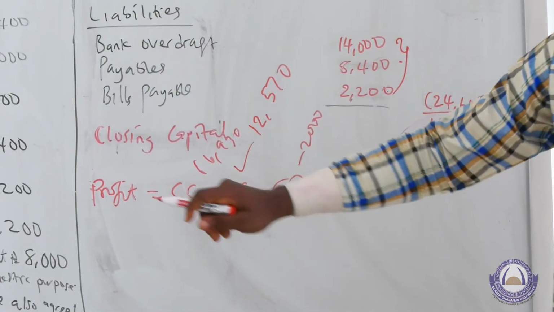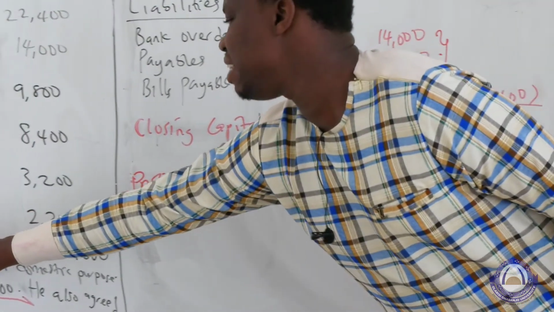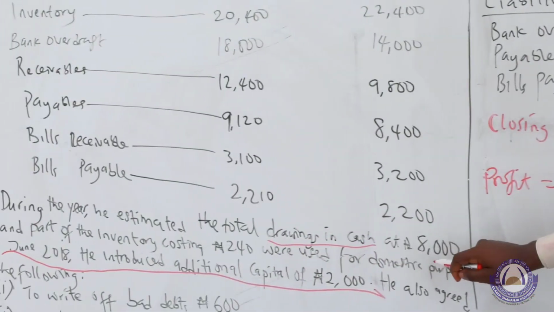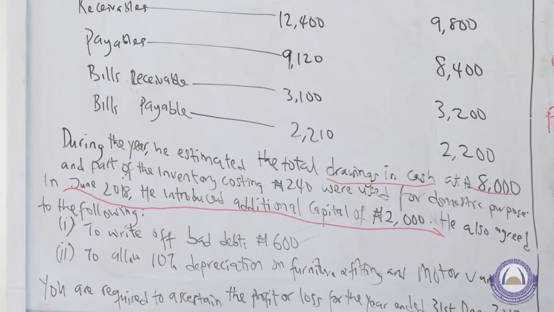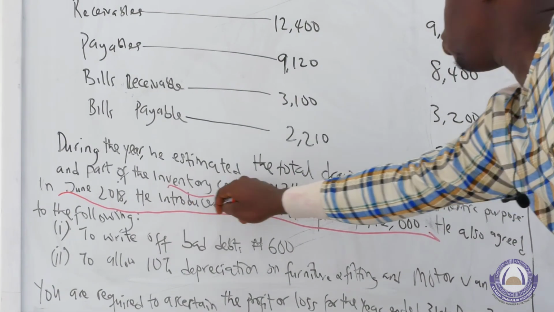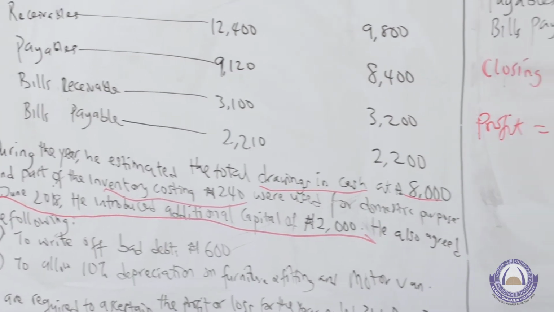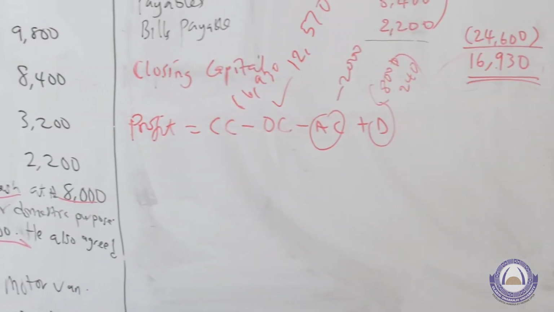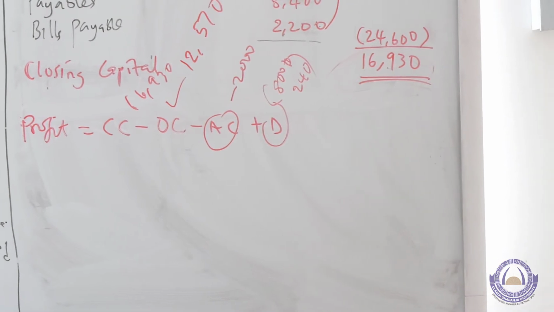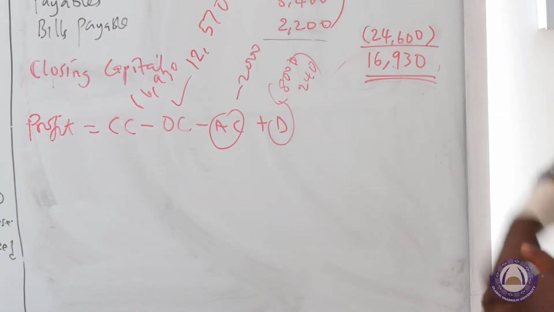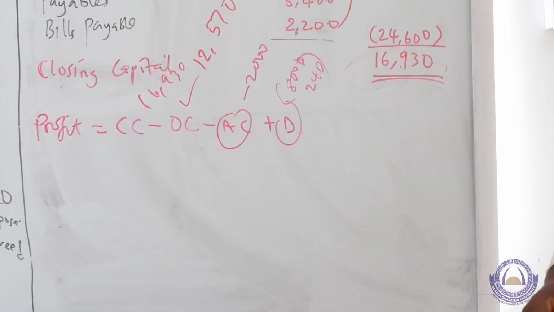And also we have the information that there is a total drawings in cash of 8,000 naira and inventory, which is 240 naira. So we have drawings of 8,000 and 240. With this information, we can now prepare the statement of profit of Mr. Okpe for the year ended 31st December 2019.